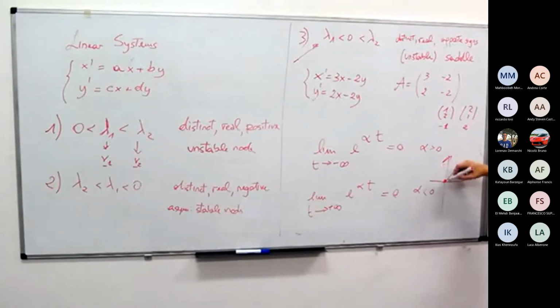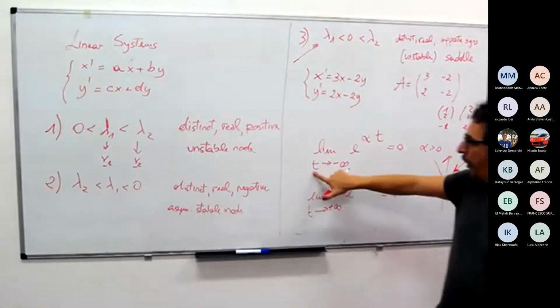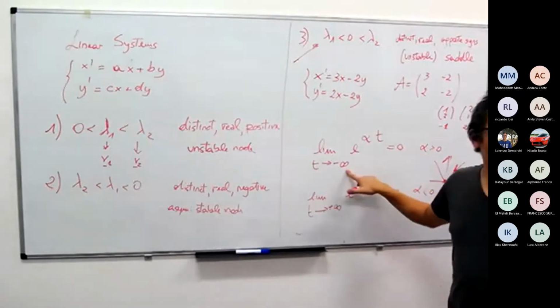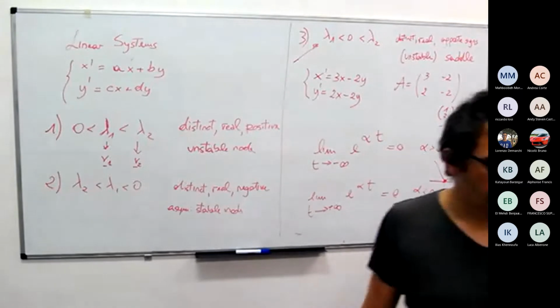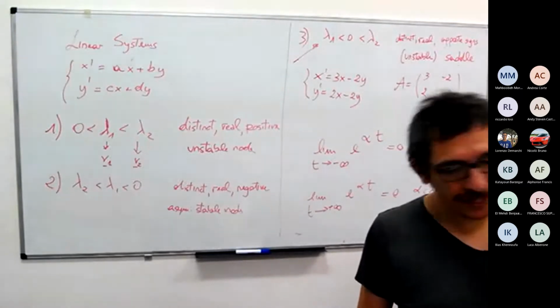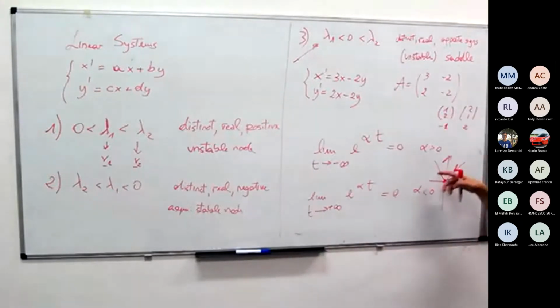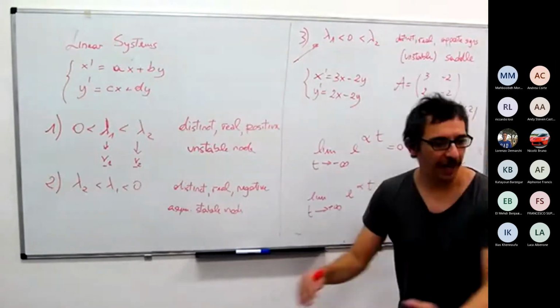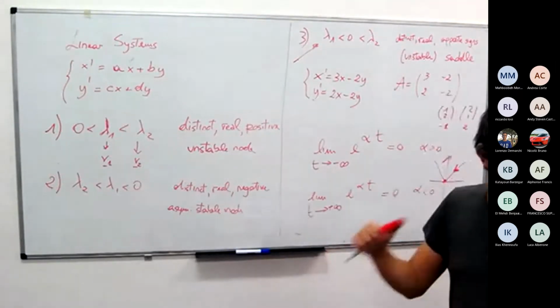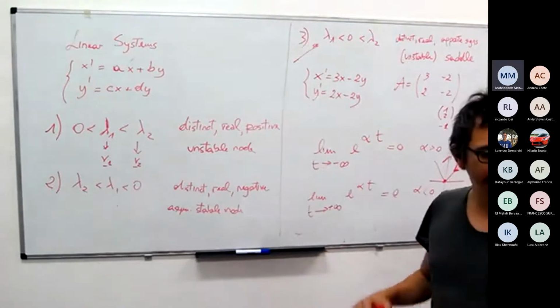Now instead, suppose that this is the other diagram. The fact that I'm approaching 0 for t that goes to minus infinity means that I approach 0 in the very far past. So since I'm going toward the future, I want to see where I'm going when time is passing.